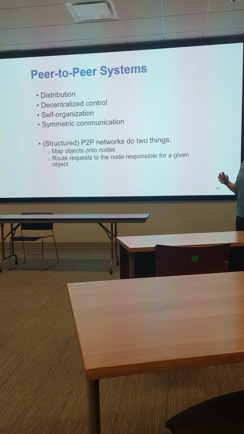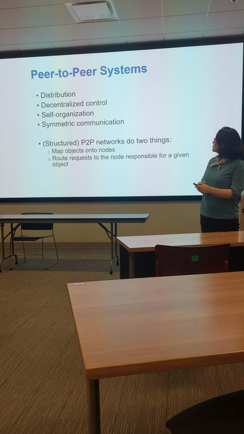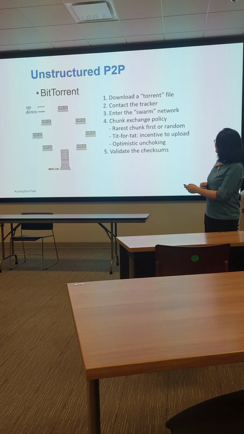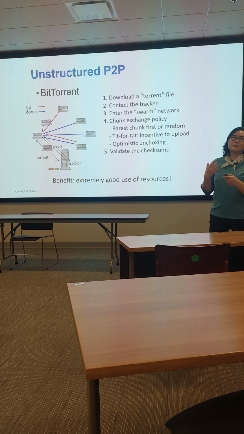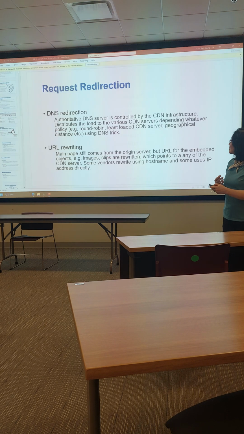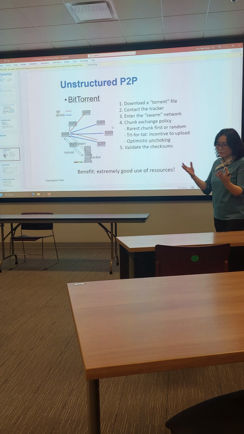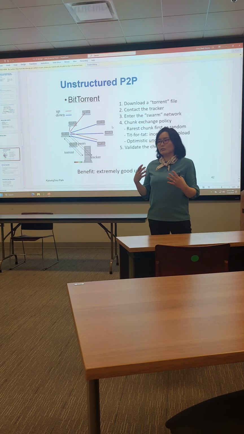But still, there can be some structure of the peer-to-peer system to make the content search and mapping more efficient. So, next slide? Yeah, I have a backup slide. BitTorrent is the third structured peer-to-peer system. The earlier versions, Napster and Gnutella, were not structured.